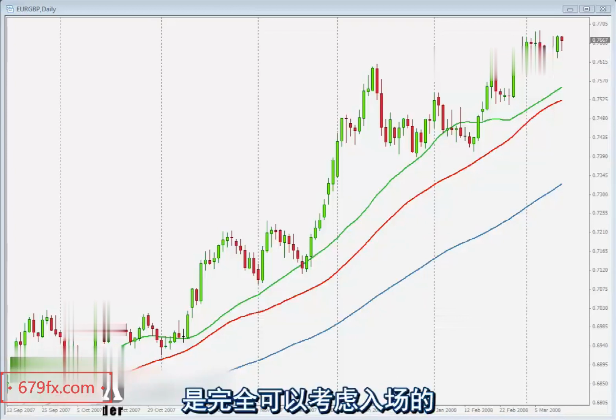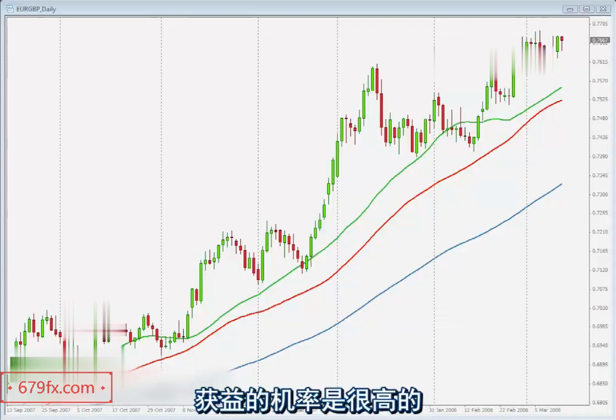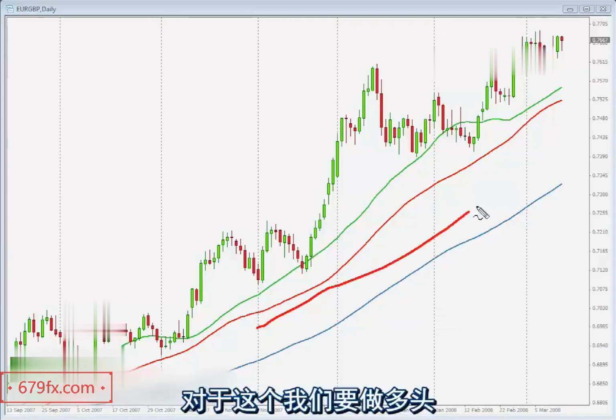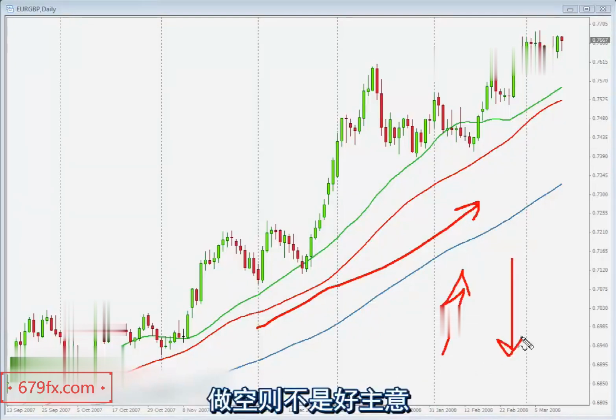The moving averages point you in the direction of high probability trades. In this case, clearly you want to be searching for long entries. Long entries are high probability trades. Short entries are a bad idea.